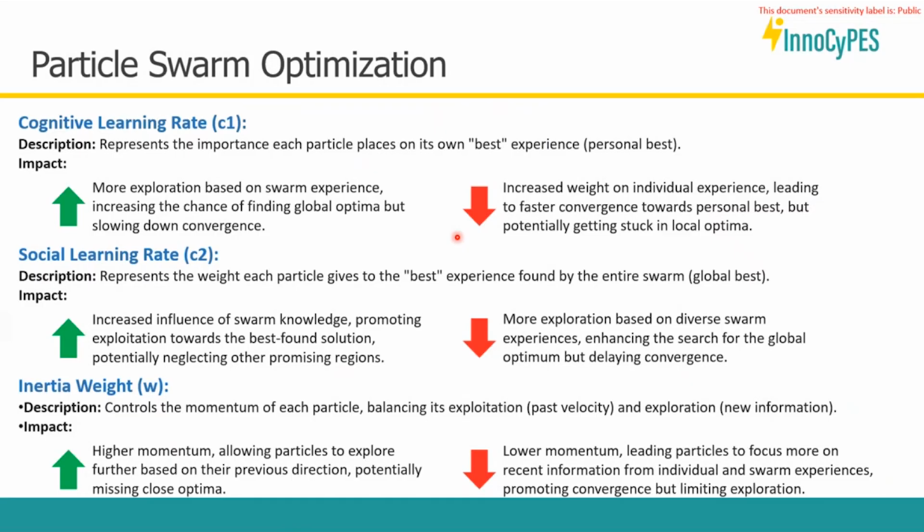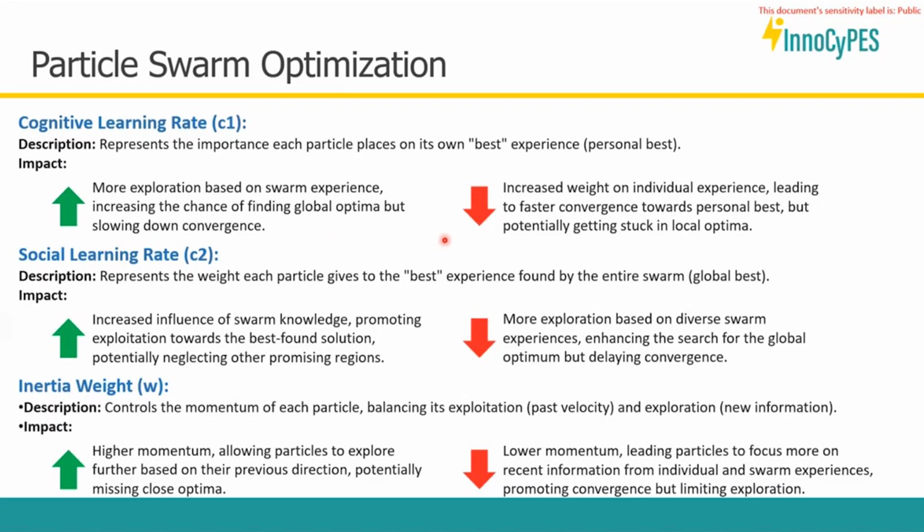So if you want to fine-tune this particle swarm optimization, you can tune the cognitive learning rate, social learning rate, and inertia weight. There are different methods that you can use to tune hyperparameters, but they usually take a long time. So if you just blindly try to calibrate them, it's important to have an idea of the role of each of these hyperparameters before just diving into it, right? For example, when you increase the cognitive learning, there is more exploration based on the swarm experience, increasing the chance of finding a global optimum but slowing down the convergence.